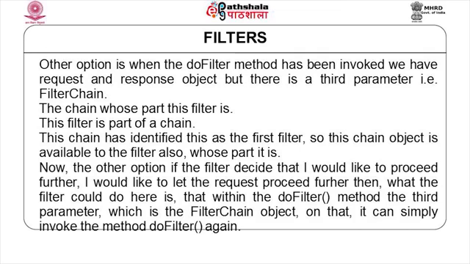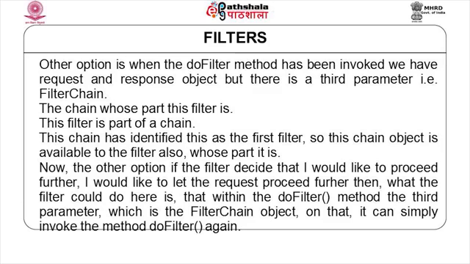See, what is this doFilter on a filter chain doing? Whenever it is invoked, it is simply identifying the next element. The next element, if it is the final element, is the resource, otherwise it is a filter, and on that it invokes the regular lifecycle method.